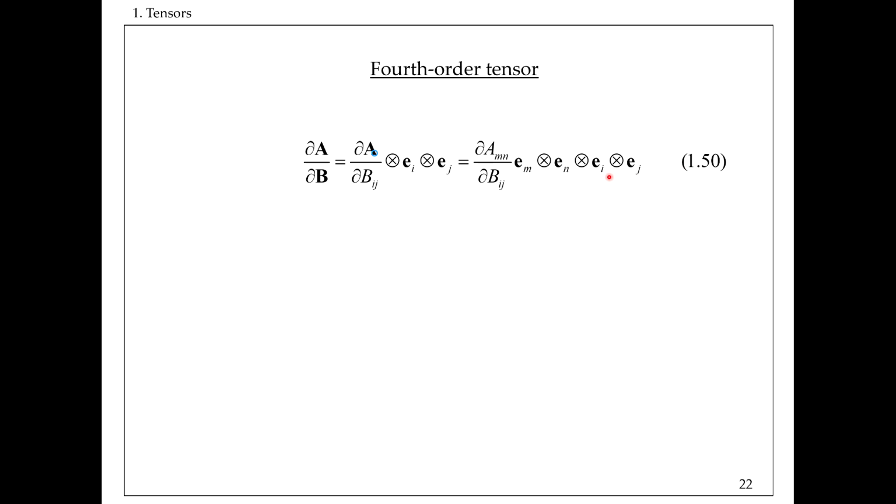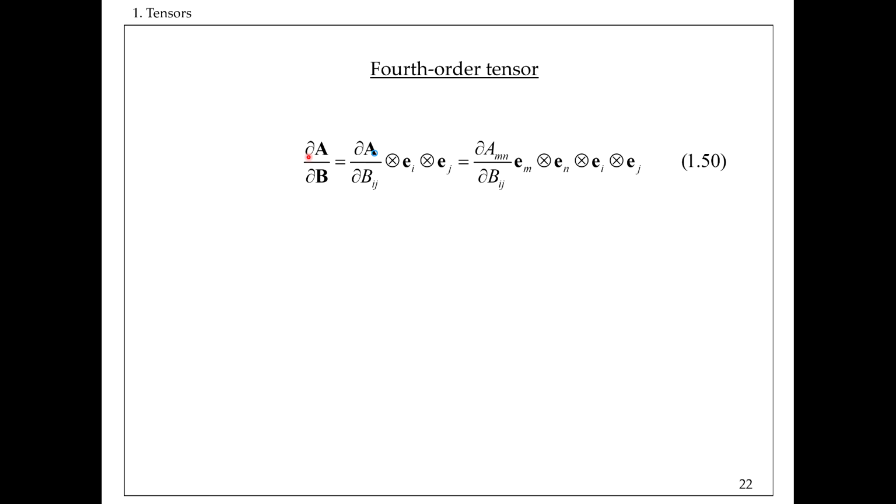As you can see now, there are four basis vectors in the tensor products along with the components, so you can obviously conclude that the result is a fourth order tensor. That makes sense in terms of the dimensions and the dependencies between different components.